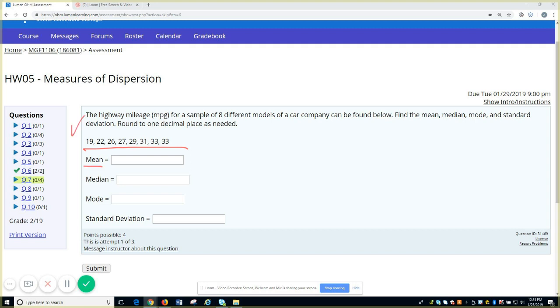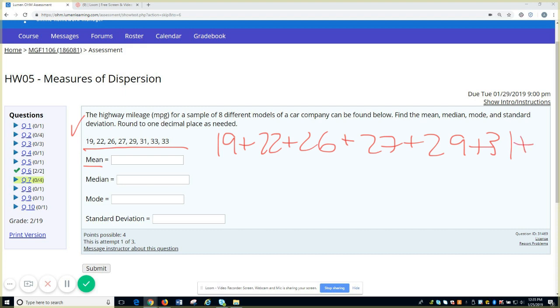And then for the mean, we have to add them up and divide by how many there are. So add up 19, 22, 26, 27, 29, 31, and 33 times 2.